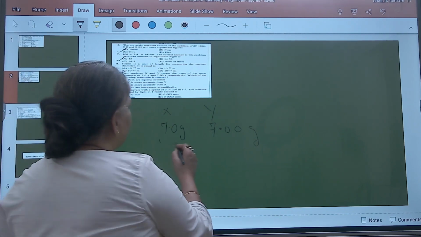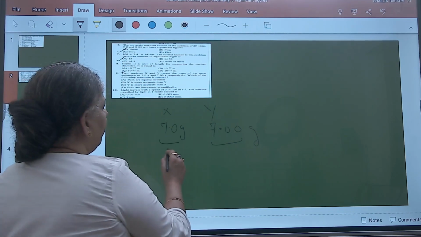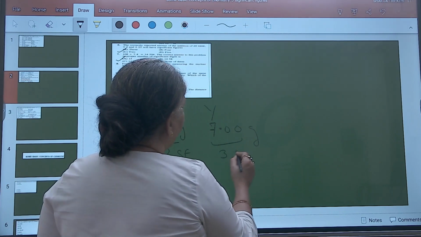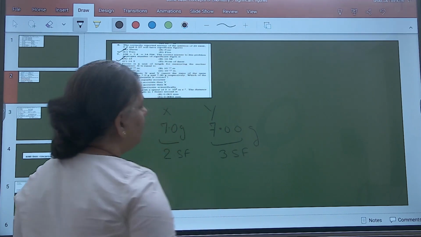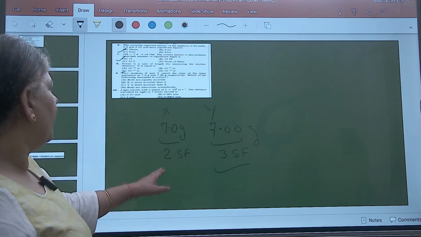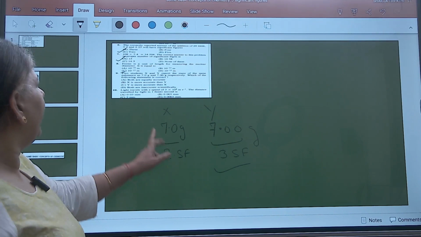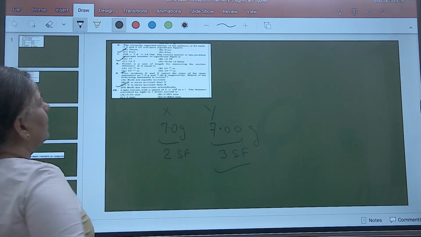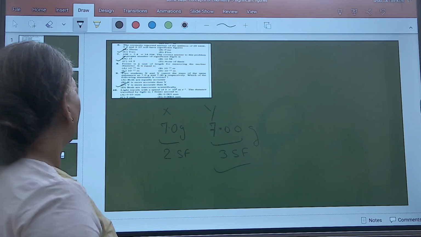We'll first see the number of significant figures. Here we have 2 significant figures and here we have 3 significant figures. So this is more accurate as compared to X. So Y is more accurate as compared to X. So option C is correct.